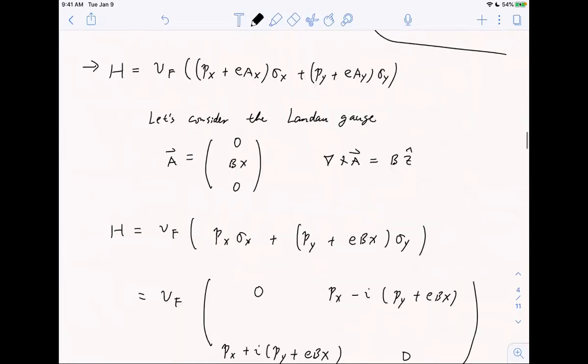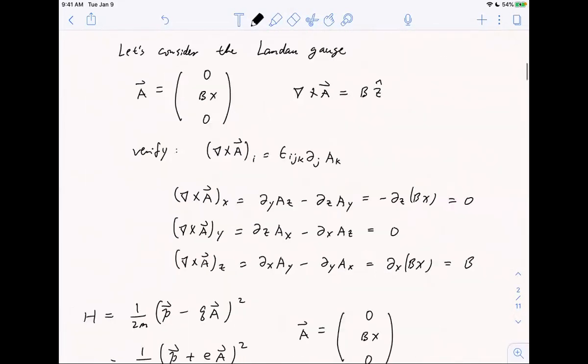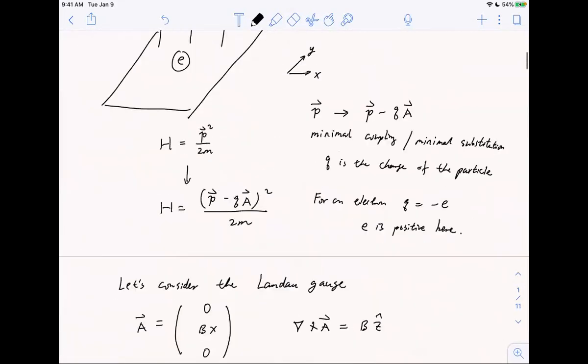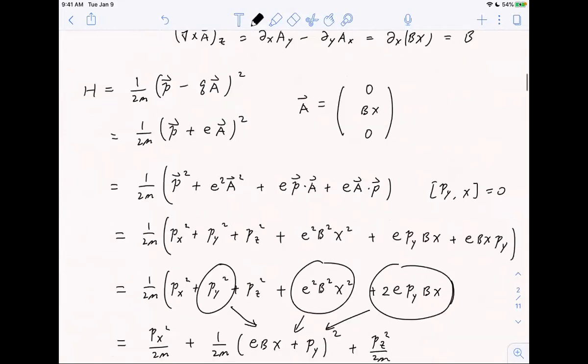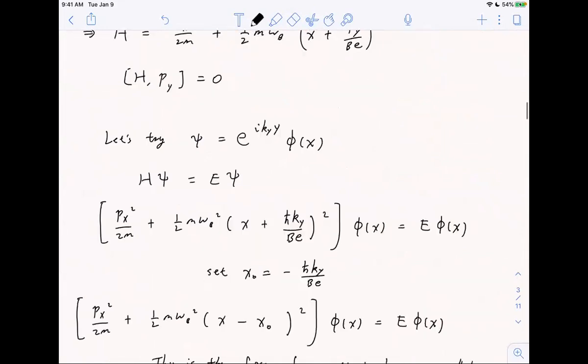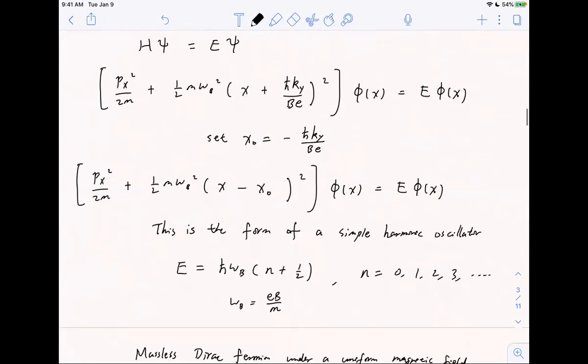What determines the degeneracy? Okay, in this case, in the conventional case, okay, this is the conventional case.